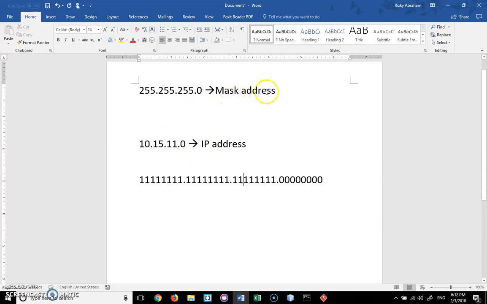If you have a mask address like the one right up here, that means the first three numbers right here are what's called the network address, and the 0 would be the host address.